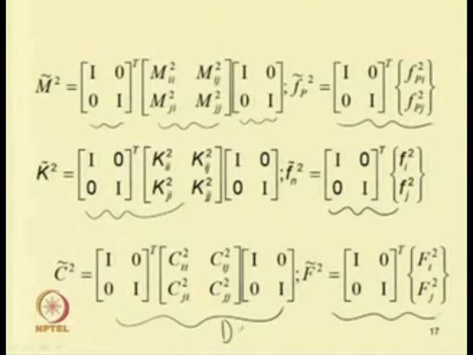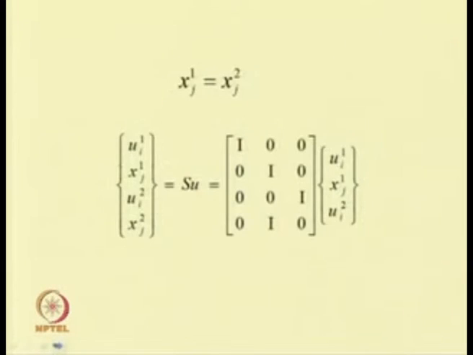Similarly, this is the K2, this is for the nonlinear force, this is for the external force, and this is the damping matrix. So it is changed in this way: the damping master matrix, the stiffness master matrix, and the mass matrix of the master component.